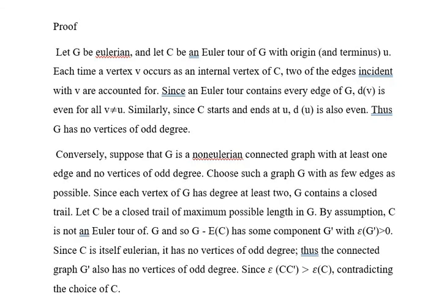Since C is itself Eulerian, it has no vertices of odd degree. Thus, the connected graph G' also has no vertices of odd degree. Since epsilon of C' is greater than epsilon of C, this contradicts the choice of C. Hence, G should be an Eulerian graph.